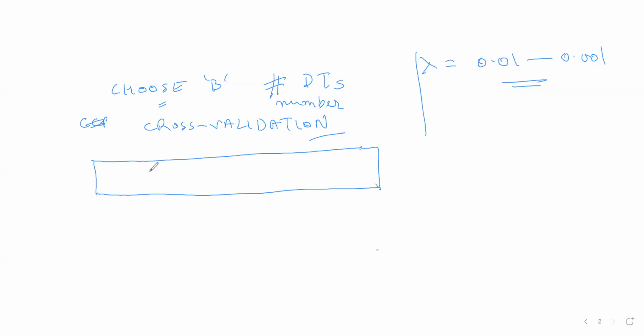Okay, so again, let's say this is my test data and this is my train data. I'm breaking this up into 5 parts. This is train data 1, train data 2, train data 3, train data 4, and train data 5. And this is the test data.